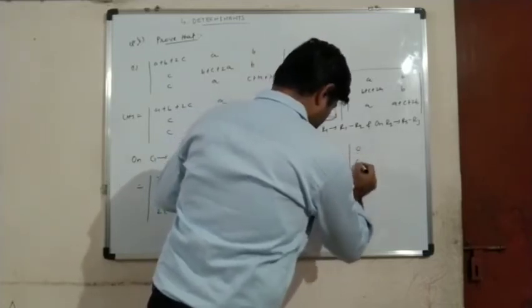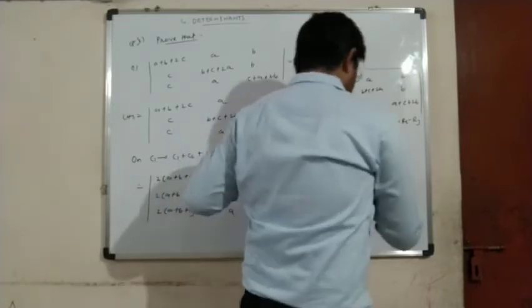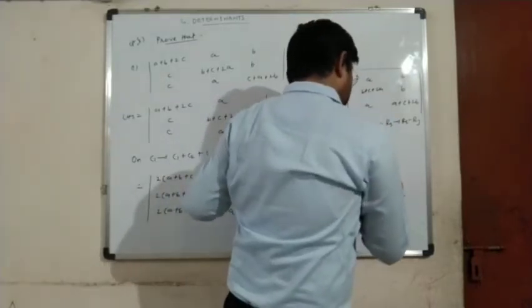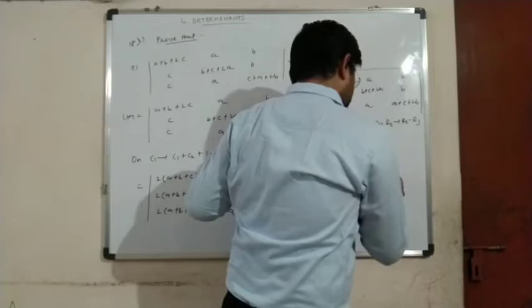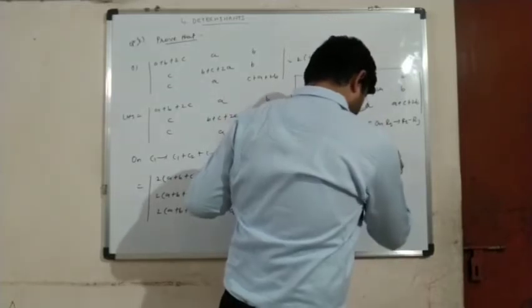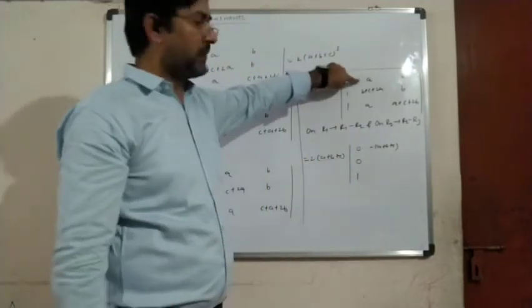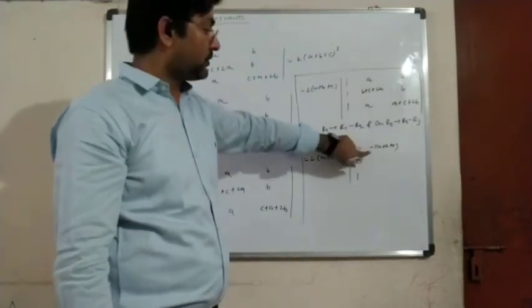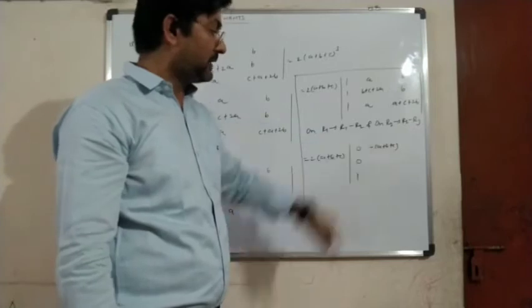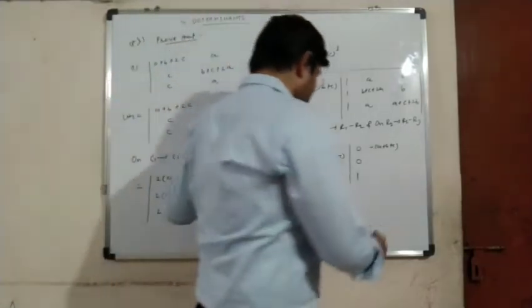Okay, 0 0 1, b, yes. So we will get here minus a plus b plus c, because the three terms will be minus a, minus b, minus c. So taking minus common we get minus into bracket a plus b plus c.